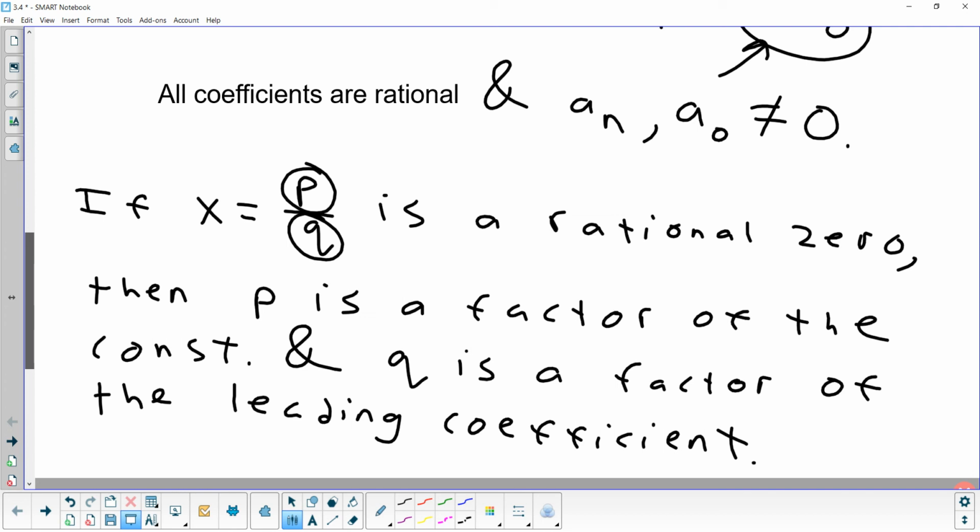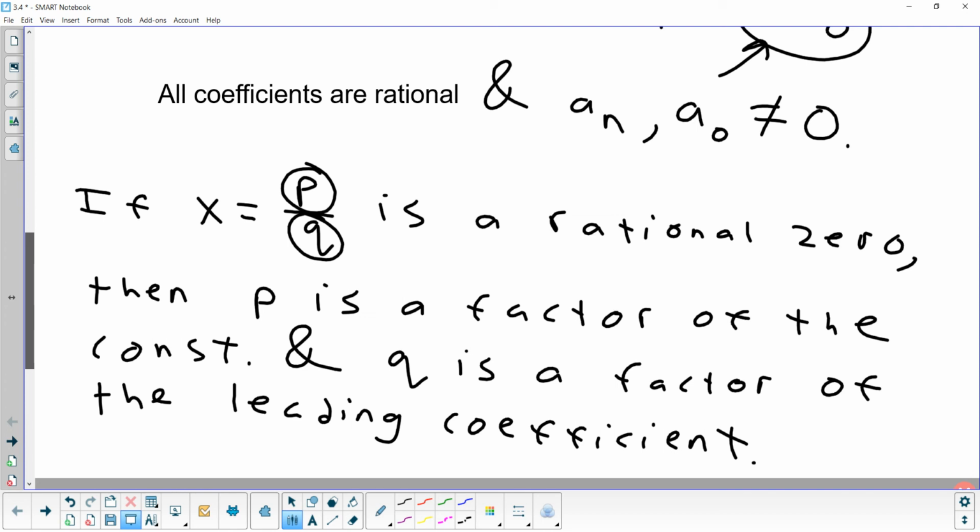Now, just to be clear about this theorem up front, this theorem doesn't directly give you any answers. What this theorem does is it gives you a list of possibilities. You then have to use your graphing calculator to narrow down that list. But without this theorem, you wouldn't even have a list of possibilities.